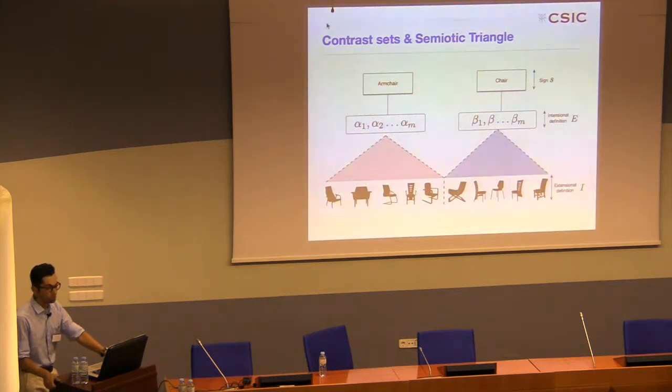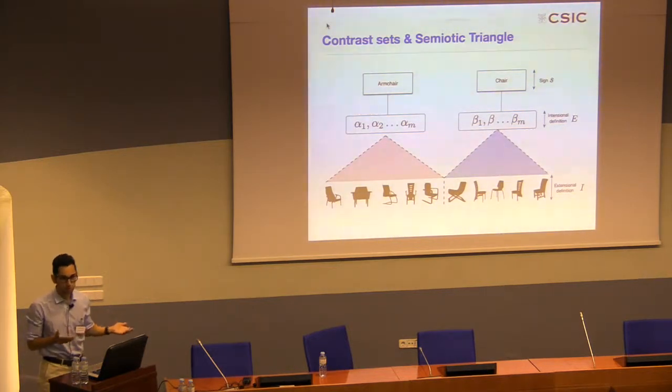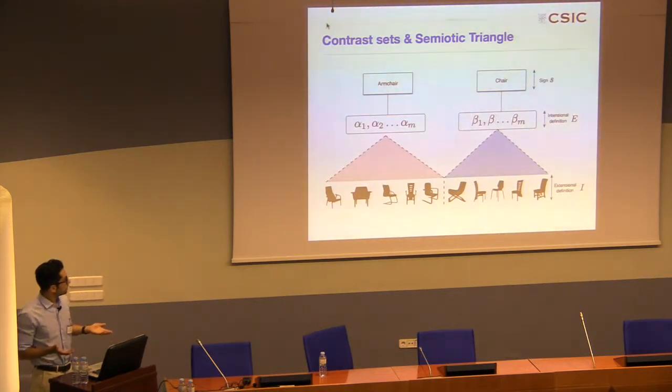Of course, the sign remains the sign. We name the semiotic triangle the relation between an extensional definition, an intentional definition, and a sign. Of course, the triangle that we have defined will be the reference to a concept of a thing. If you have different concepts over a particular domain, you can build a contrast set on this domain.